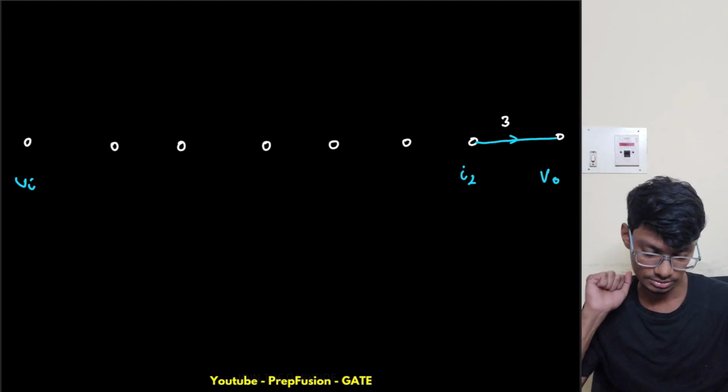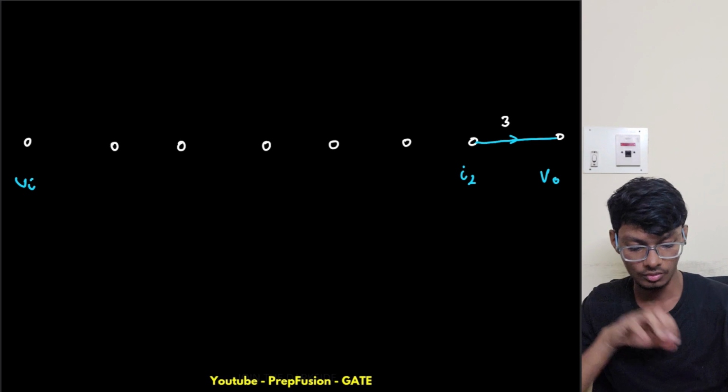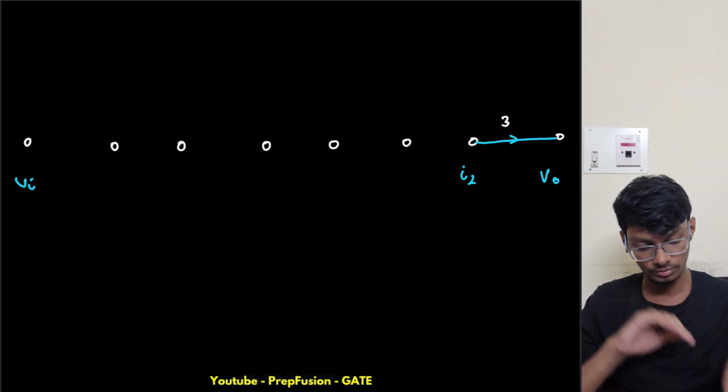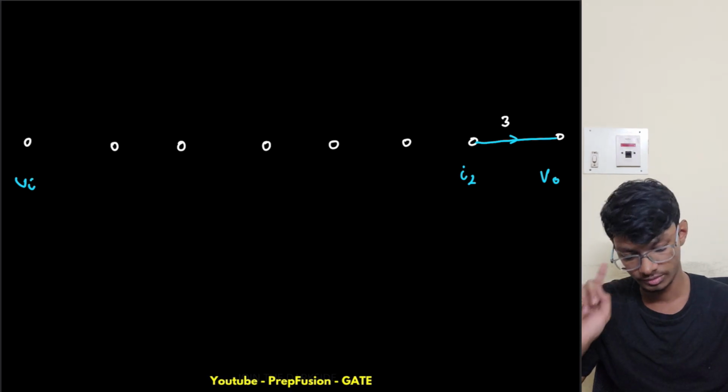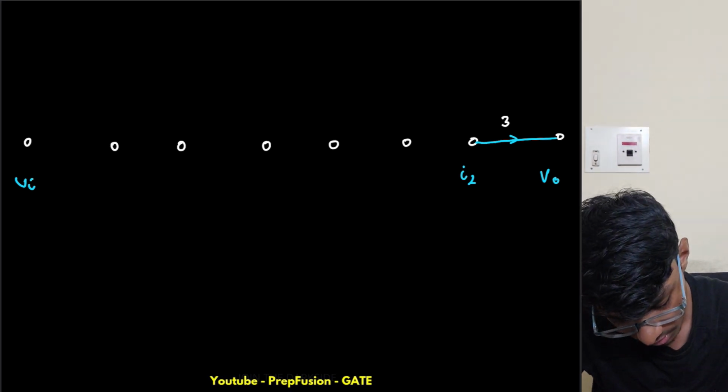Now I have I2 here, so the previous value of this one will be directly I2 dot. Always keep in mind the previous value will be I2 dot. So this will be 1 by s and this will be I2.